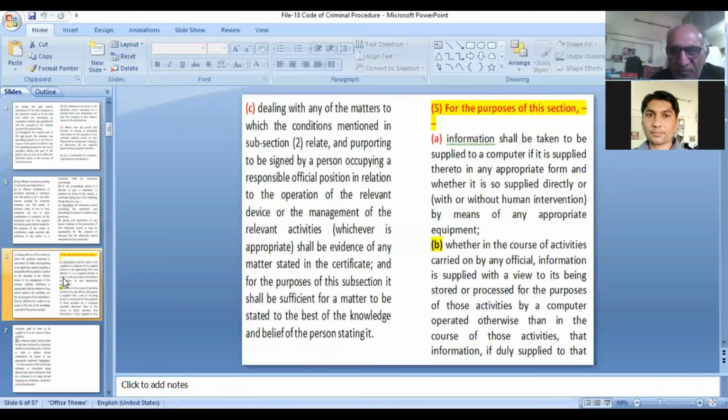For the purpose of this subsection, it shall be sufficient for a matter to be stated to the best of the knowledge and belief of the person stating it.